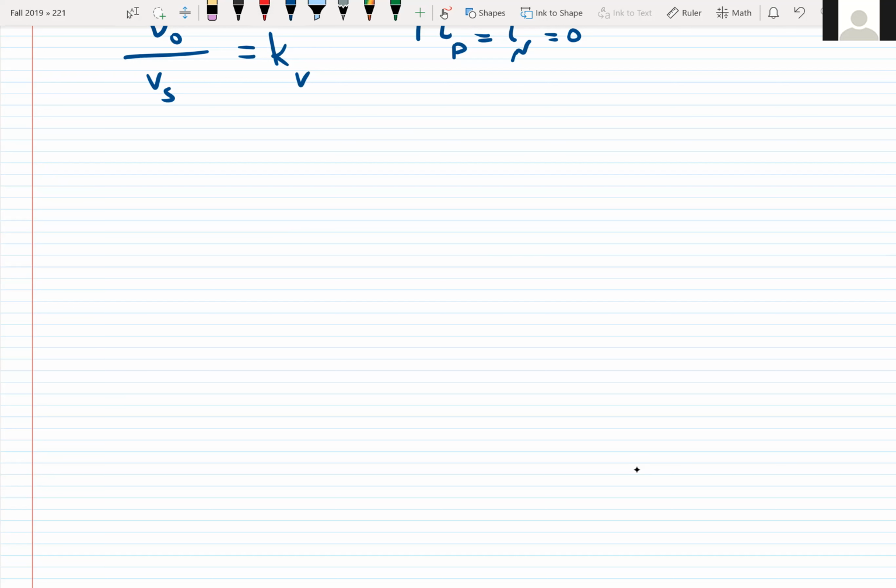So here I'm going to first tell you what is an inverting amplifier, and then we start with examples. So, inverting amplifiers.